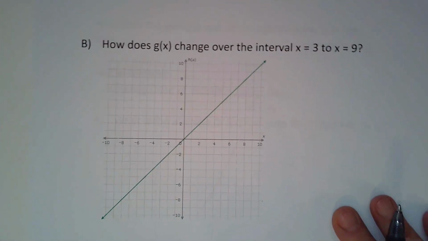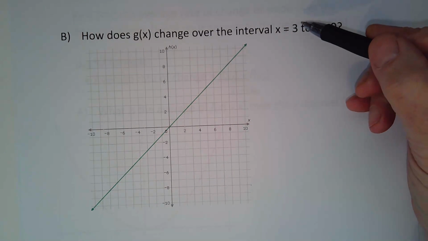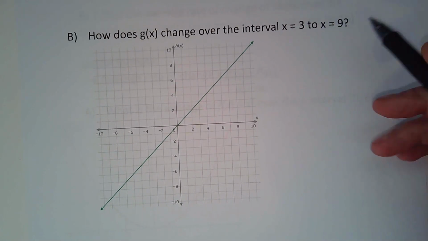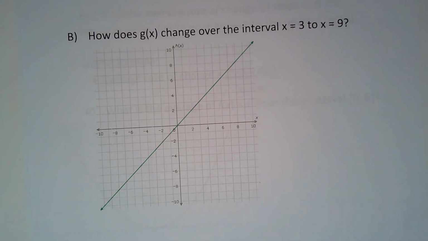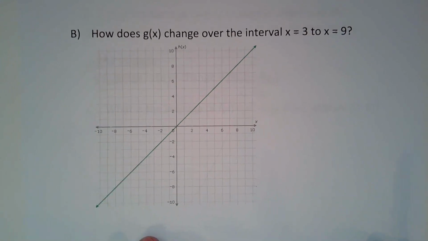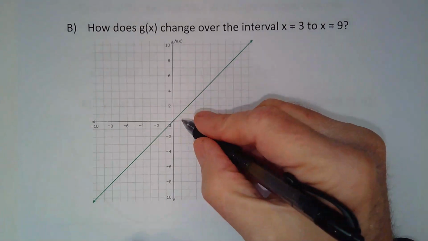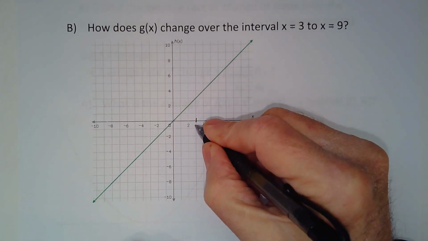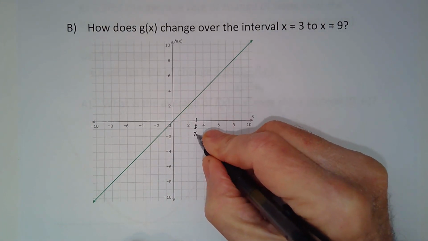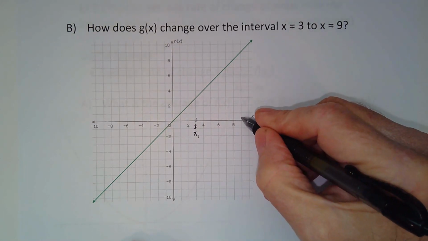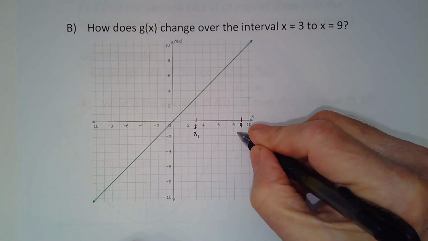So let's take a look at this again, same kind of problem, except this time my x is going to stay at 3, but I'm going to change my y to 9. So my x is going to be 3, so here's 3, and that's going to again be my x1. And now my second x is going to be 9. That's going to be my x2.